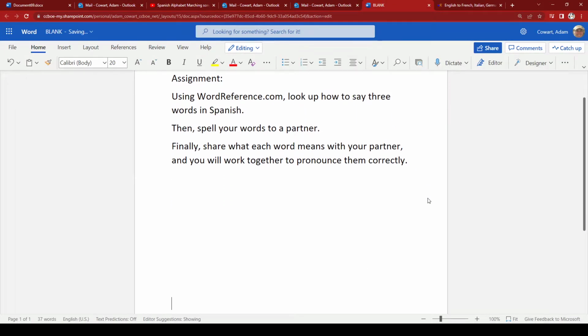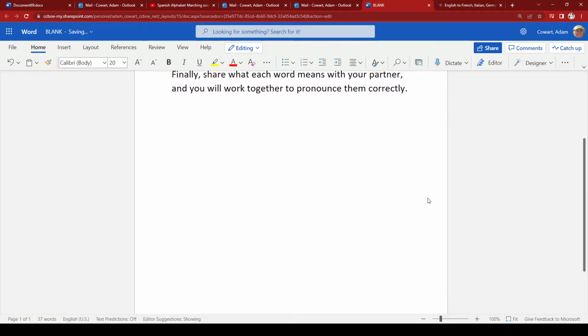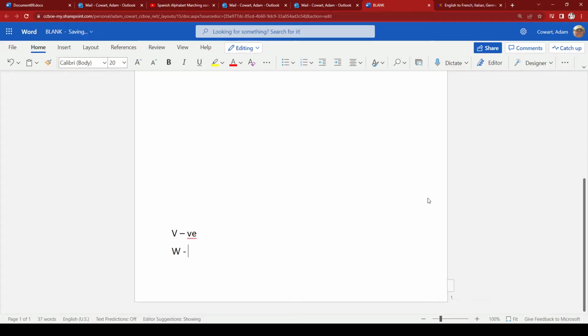We'll get back to the assignment. Let's just go down here. Okay, so the V, you got your B, W, doble B. Like we call it a W, in Spanish just a double V, which makes more sense if you look at how it's shaped.